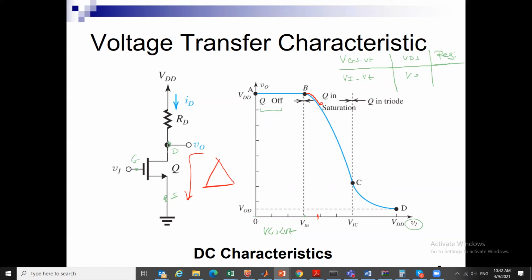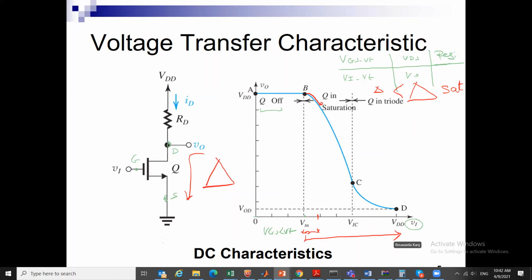When the output is still large, and the input overdrive VGS minus VT, or Vn minus Vt, is small, then what region am I in? This is greater, and therefore I am in the saturation region, until Vn becomes very large.